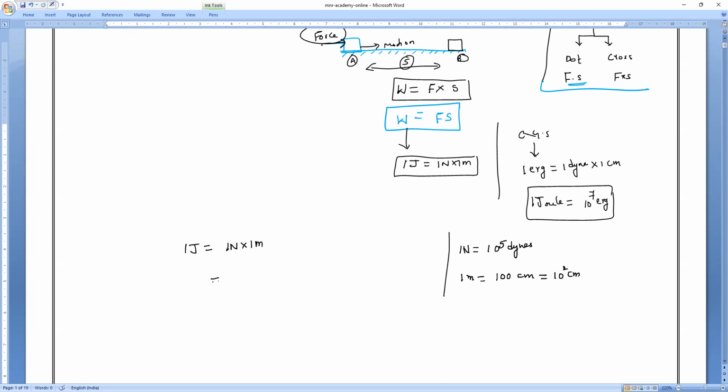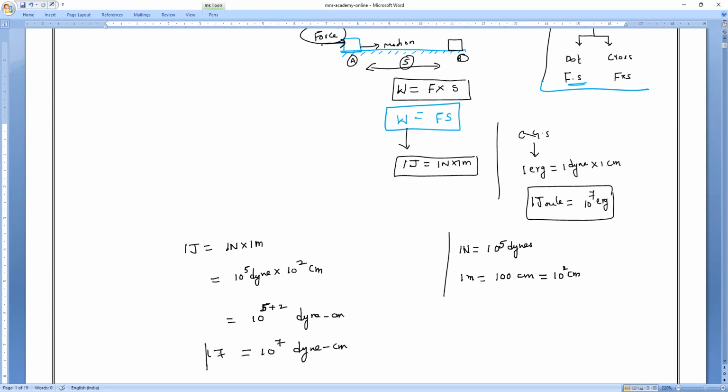Now I'll write 10 power 2 times 10 power 5. How much is it? 10 power 5 plus 2, that is 10 power 7 dyne centimeter.